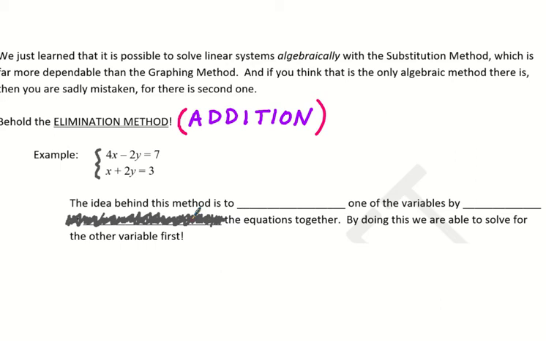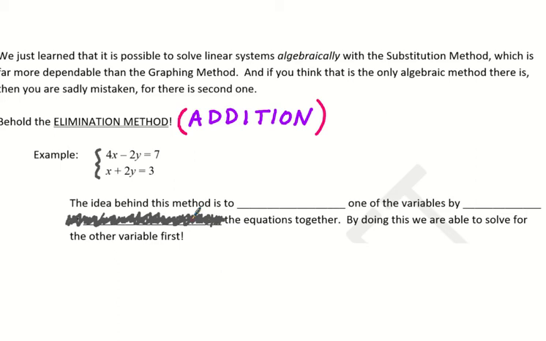Firstly, it's worth pointing out that you're going to run into some systems where you look at it and go, man, I can probably use the substitution method, but it's going to be rough going, real tough finding a variable at the beginning that I can easily, cleanly solve for and get ready for the substitution method.